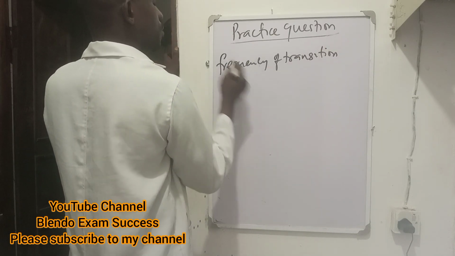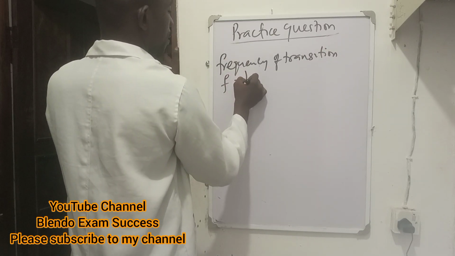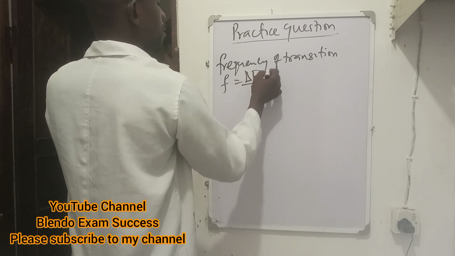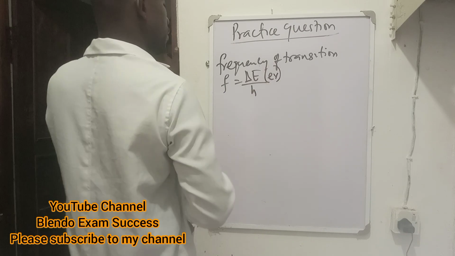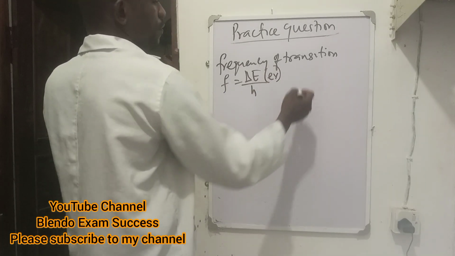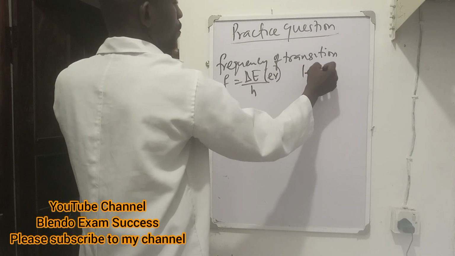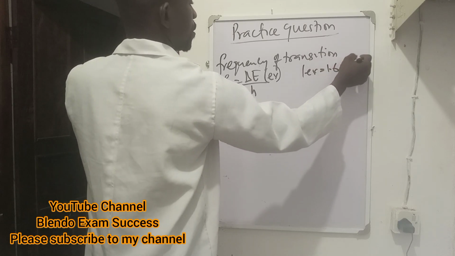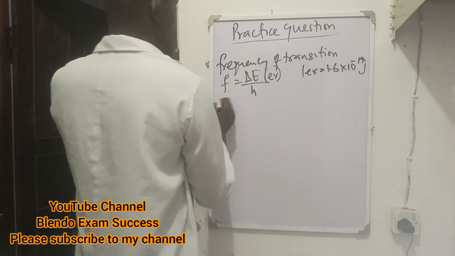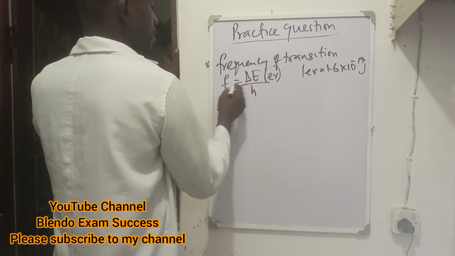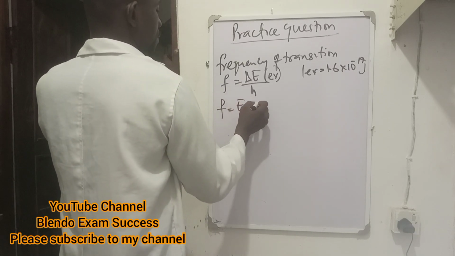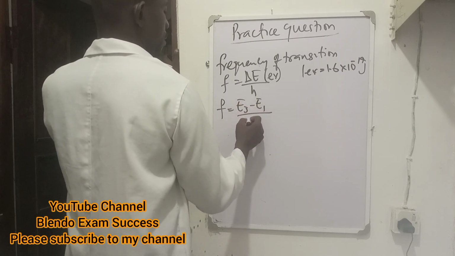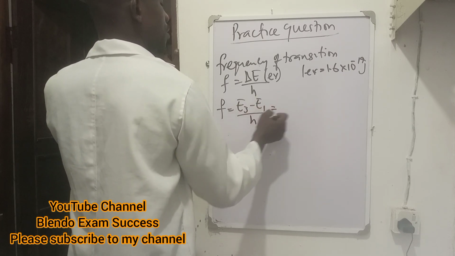f is equal to change in E all over h. This is in electron volt, and 1 electron volt is equal to 1.6 times 10 to the power minus 19 joule. So frequency is E3 minus E1 all over h.